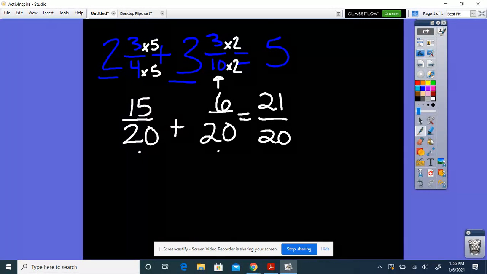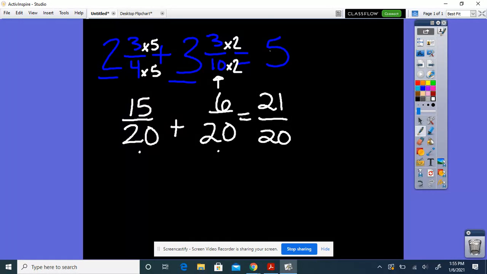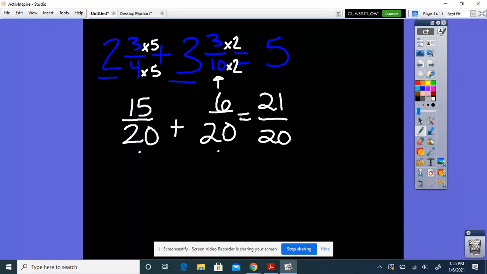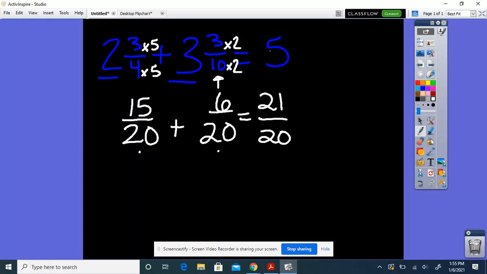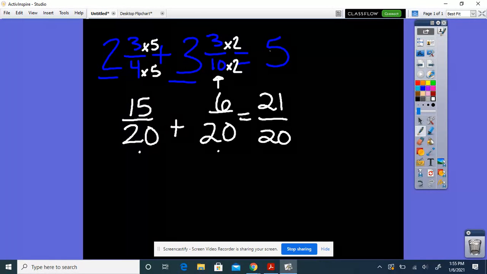What you need to ask yourself is how many times will 20 go into 21? 20 will go into 21 once with 1 left over, and then you keep your denominator the same. I'm going to go through the steps of how to do that.